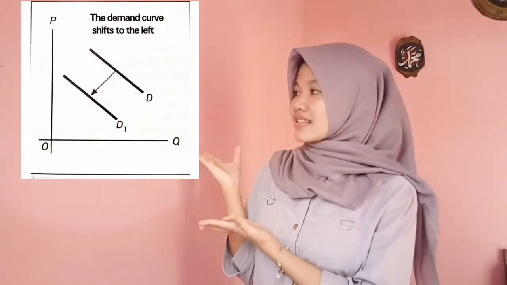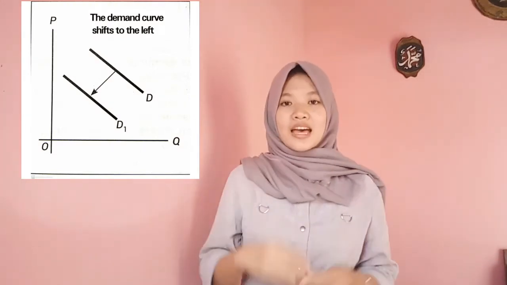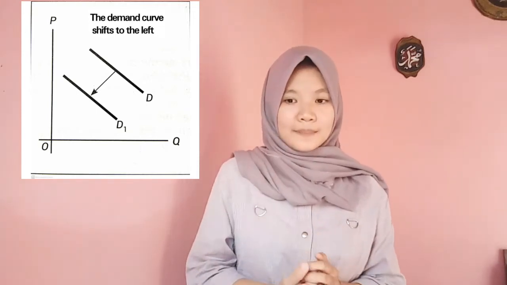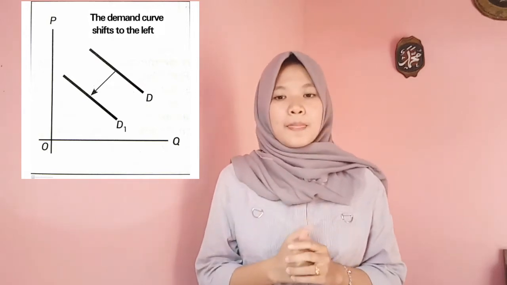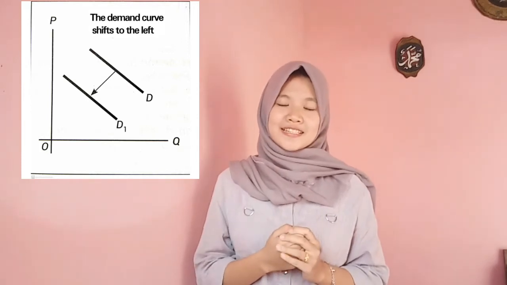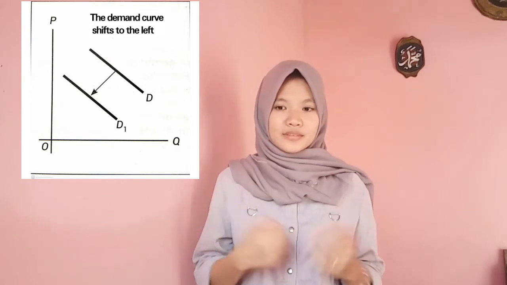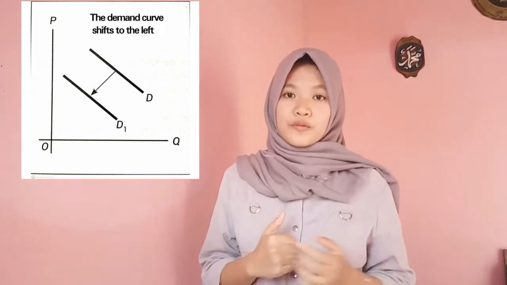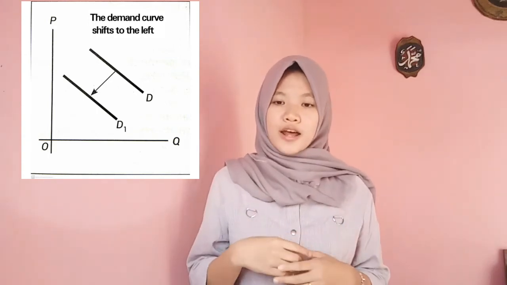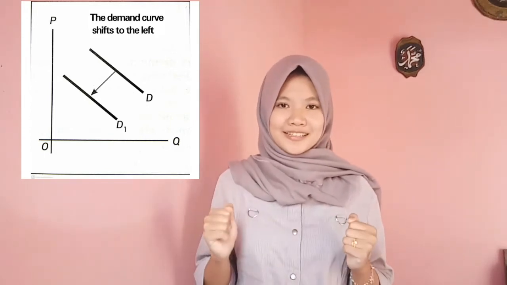This is an example of a demand curve shifting to the left. The reason is that people's income has decreased, consumer appetite has decreased, the population is reduced, price expectation will fall, the use value of the good has decreased, and the prices of substitute and complementary goods have fallen.